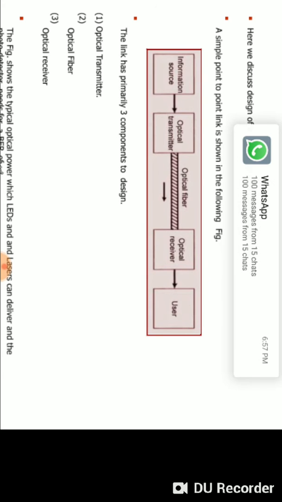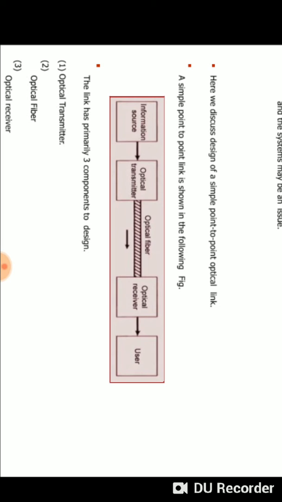Optical transmitter consists of modulator and optical source. So the essential part in optical transmitter is nothing but optical source, which will convert the electrical signal in the form of light. When the electrical signal is converted in the form of light with the help of this optical transmitter, then the light signal is passed through fiber optic cable. So fiber optic cable is carrying the light signal, it is given to the optical receiver.